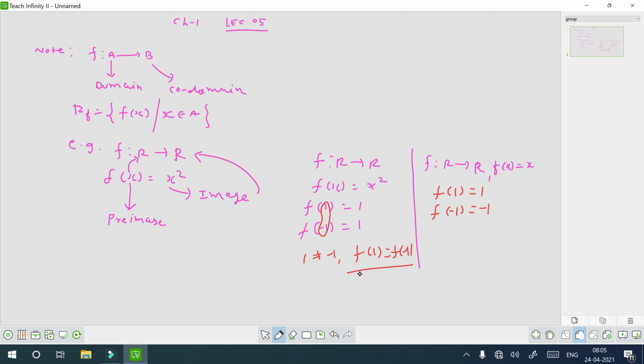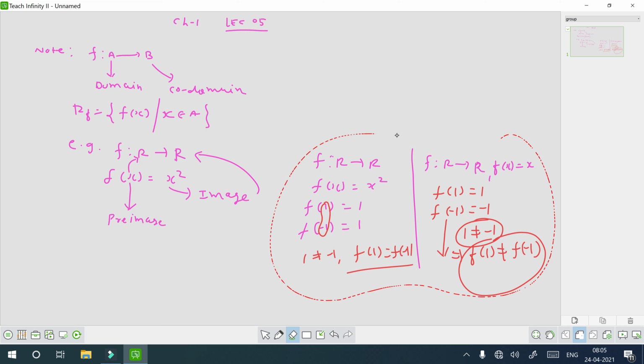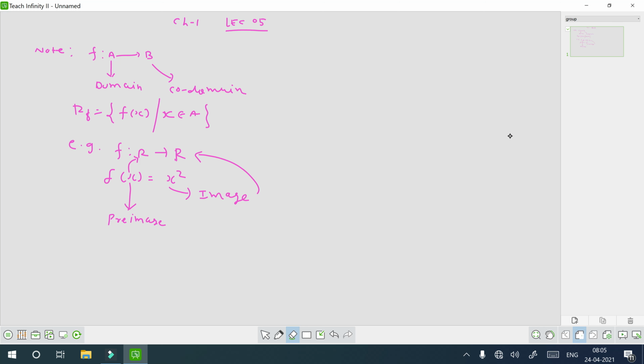If instead distinct elements had distinct images, that is, for 1 not equal to minus 1, f of 1 is not equal to f of minus 1, this means a distinct pair of points from the domain has distinct images. Such a function is called a 1-1 function. So let us define a 1-1 function.